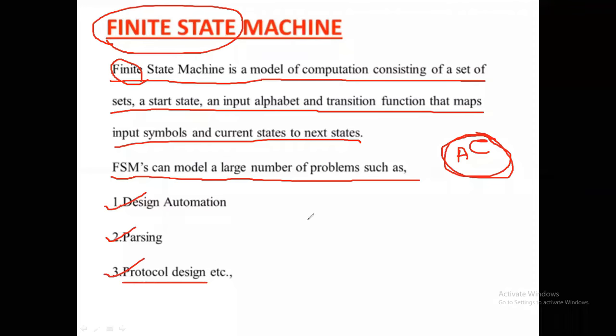So FSM can model a large number of problems. For parsing, you define a state machine that can parse, and you can design the protocols with the help of a finite state machine.